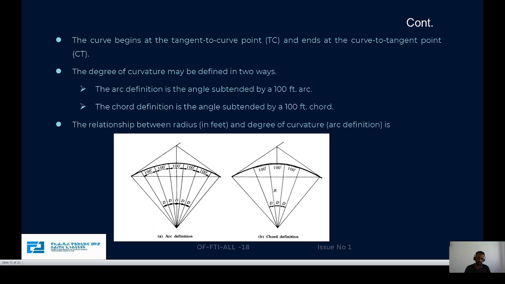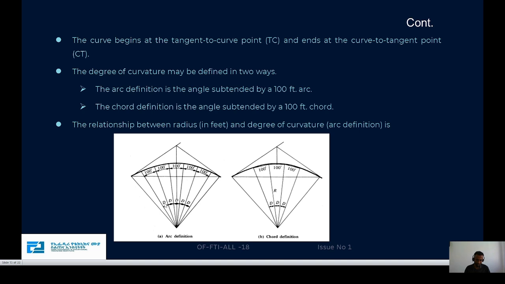The degree of curvature may be defined in two ways: the 100 feet arc definition and the 100 feet chord definition. The relationship between the radius and the degree of curvature is this one. In the arc definition, the arc is 100 feet.